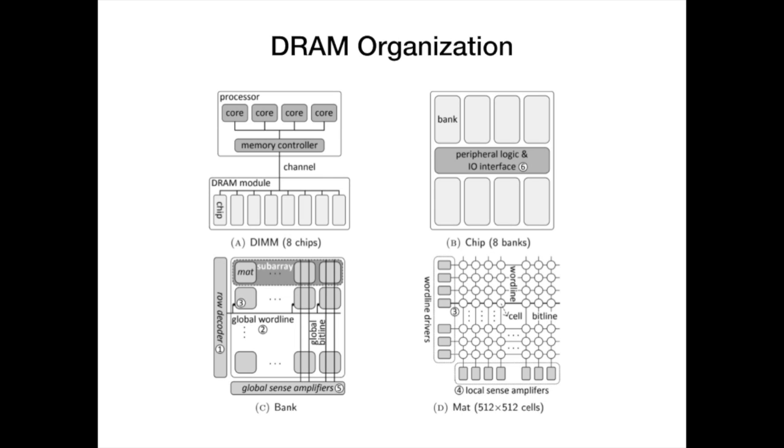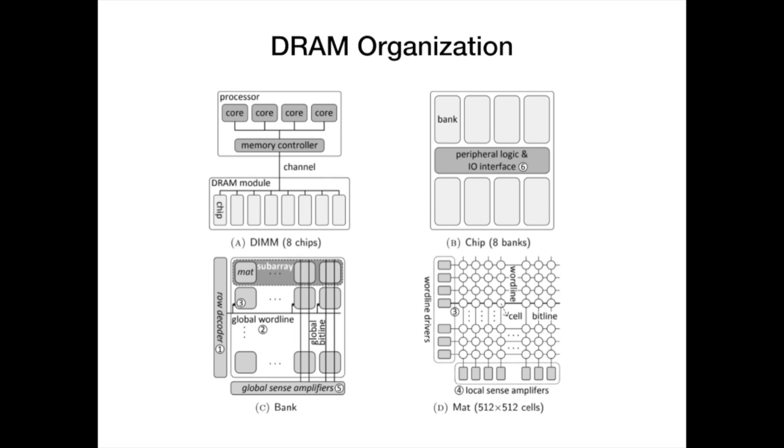The memory channel between the memory controller and the DRAM is 64 bits, which is then further subdivided into 8-bit buses, one for each of the 8 chips in the module. Each chip in turn is divided into 8 banks and also includes some peripheral logic and the I/O interface.